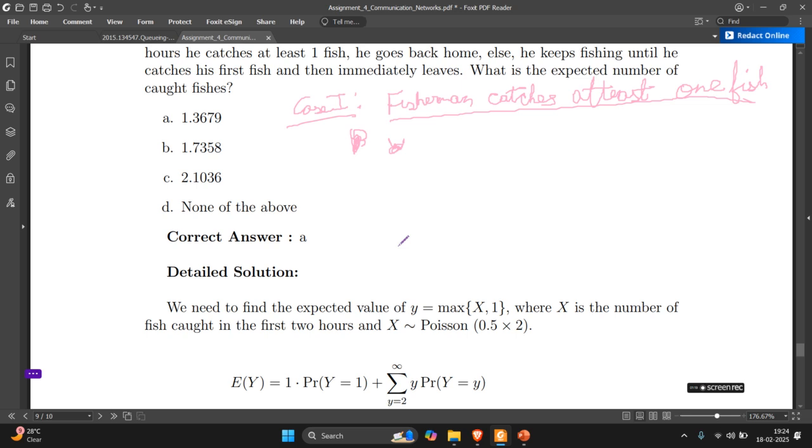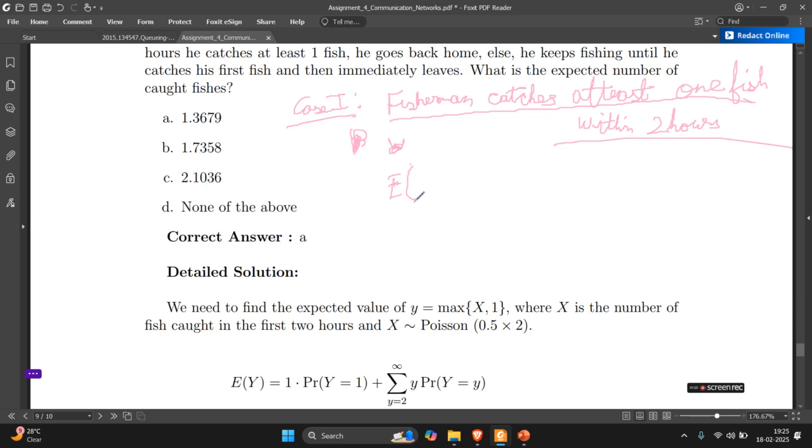Here basically we have to get the expected number of fish. If he catches at least one fish within 2 hours, then the problem turns to how many fish he catches in 2 hours. So the expected number of fish will be equal to the number of fish caught in 2 hours.